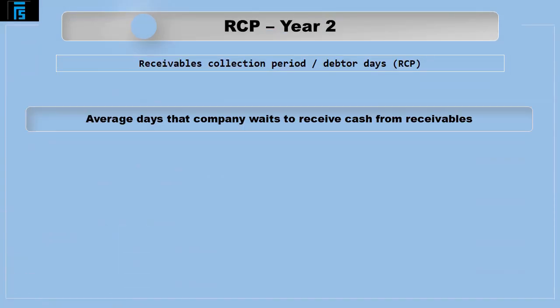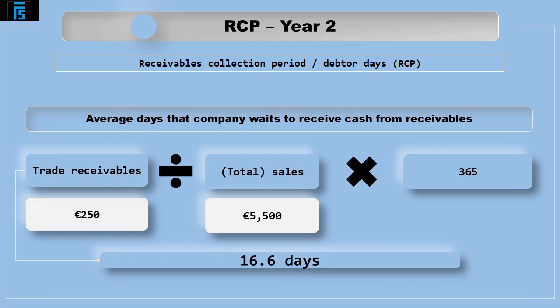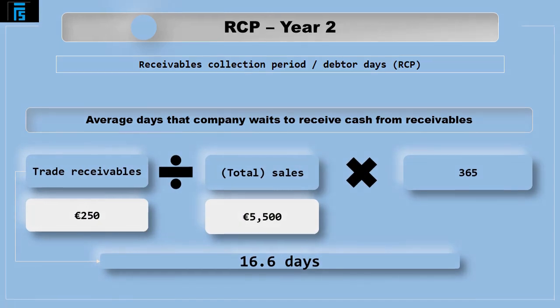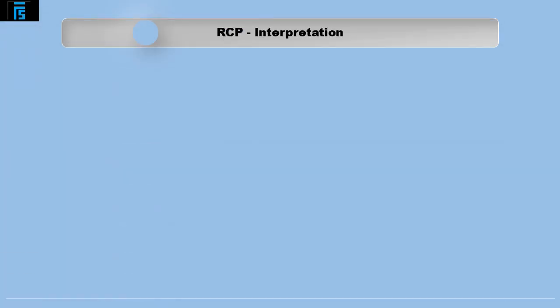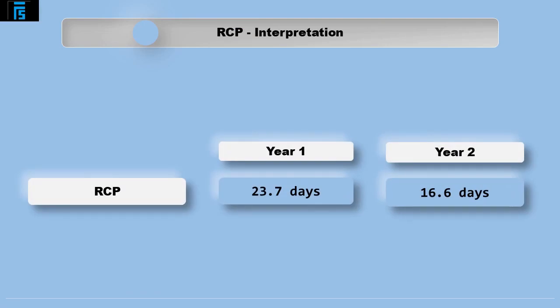When we compute the same ratio in respect of year 2, we receive a result of 16.6 days, which means that in the second year the company was able to shorten the average time needed to collect cash from invoices issued. Let's now see if the terms of payment made to suppliers are also showing signs of improvement.